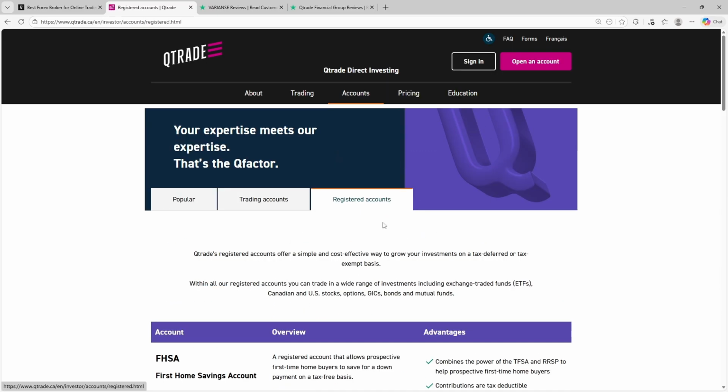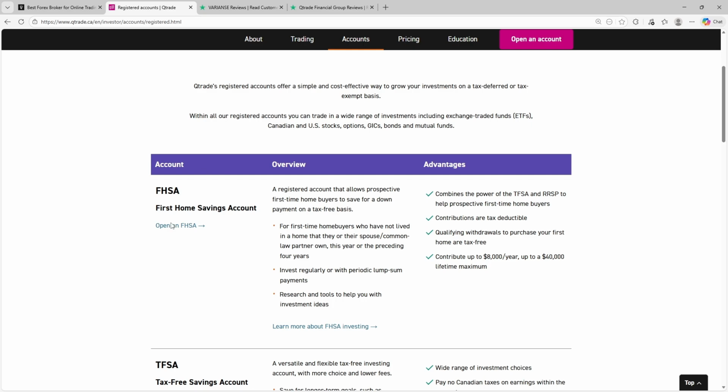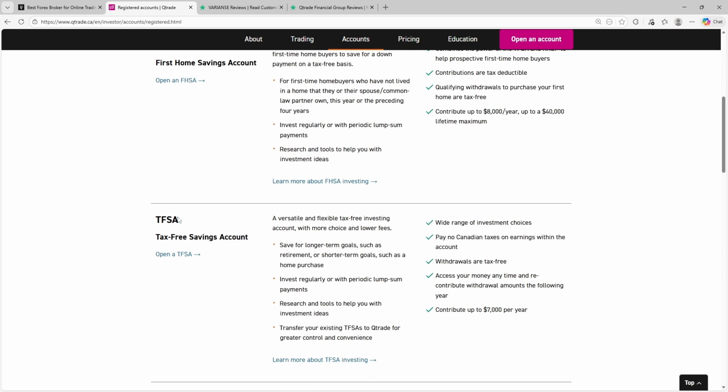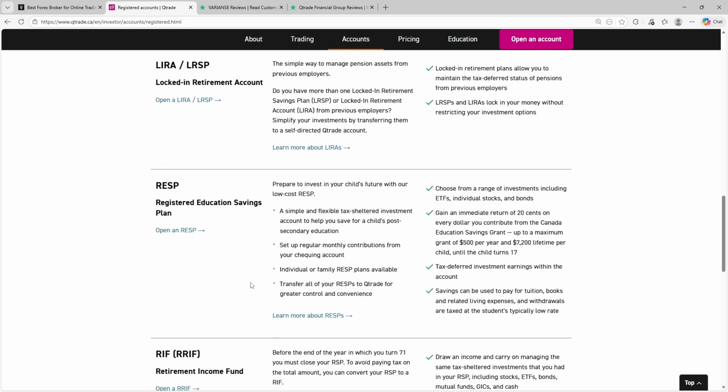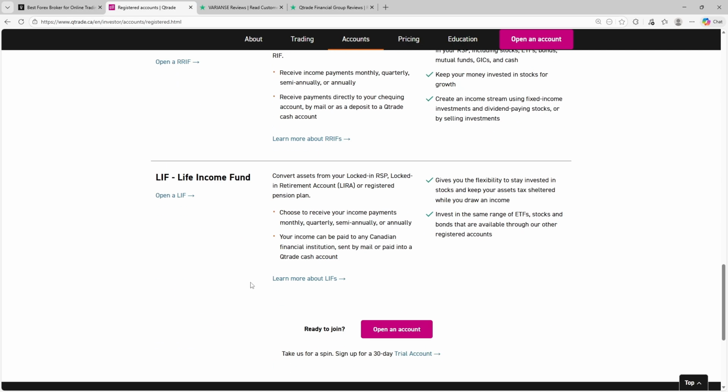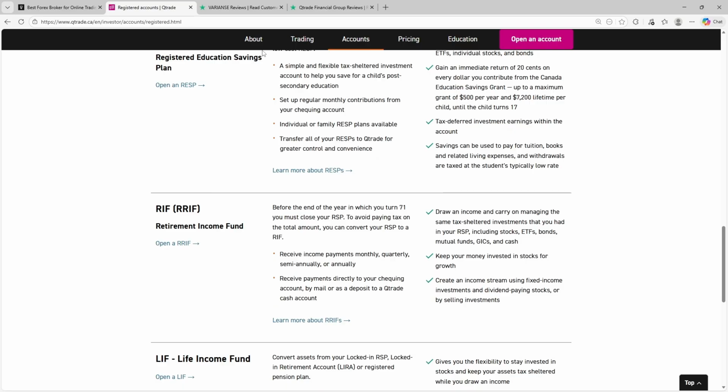Each account type is tailored to specific tax and investment needs, allowing users to build portfolios aligned with Canadian tax rules. Pricing is structured around per-trade commissions, with reduced costs for active traders and portfolio-based benefits for higher balances, rather than spread-based pricing.